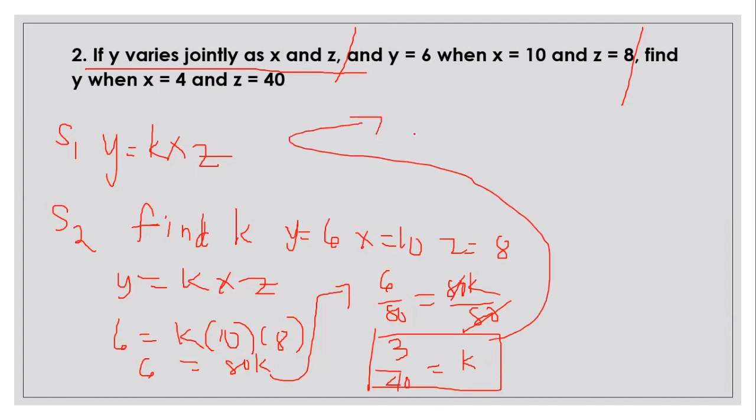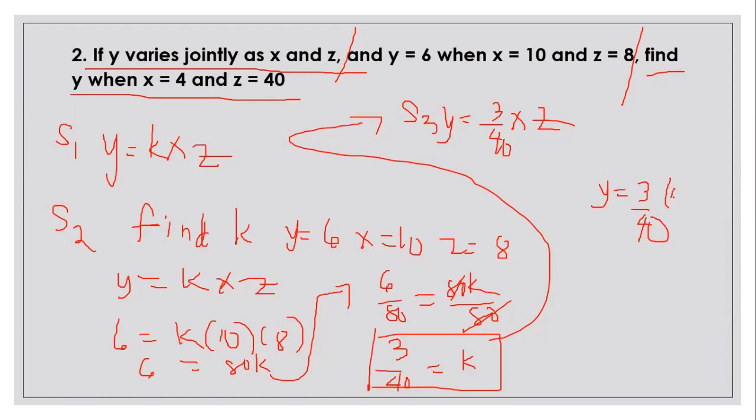Next is step number 3. For now, our equation here is y is equal to 3 over 40 xz. Find the value of the unknown quantity. Find y when x is equal to 4 and z is equal to 40. So we have y is equal to 3 over 40, the value of x is 4, the value of z is 40.